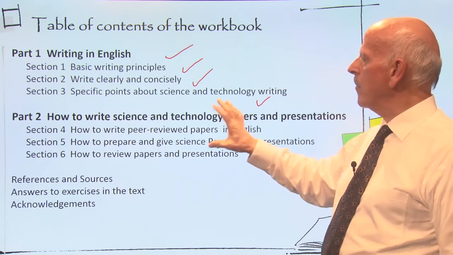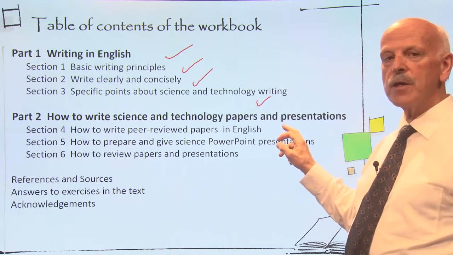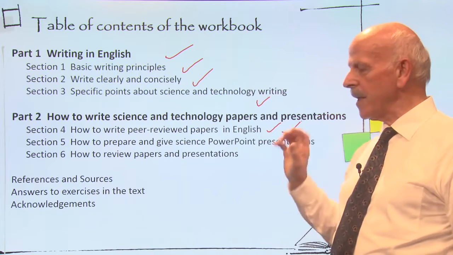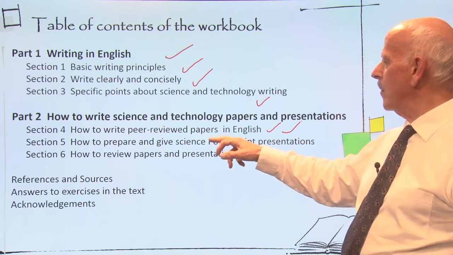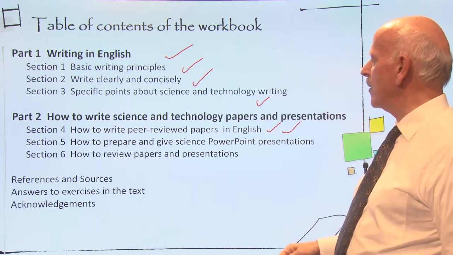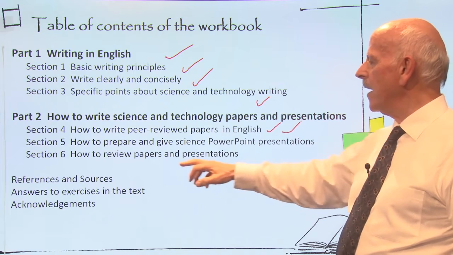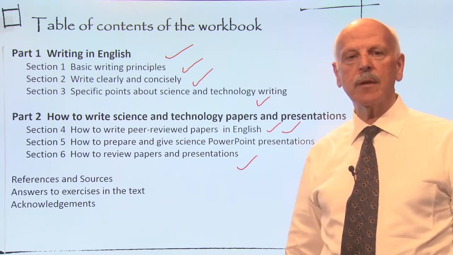The second major part is divided into three sections. The first is how to write the peer-reviewed paper. This is the central part of the book. It continues with how to prepare and give science PowerPoint presentations, and finally how to review papers and presentations.